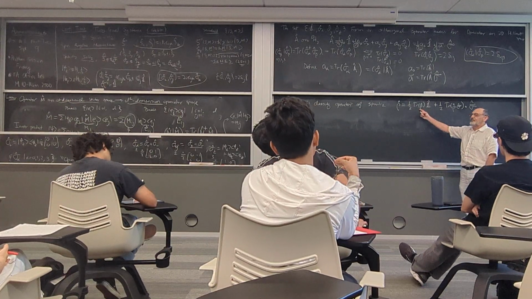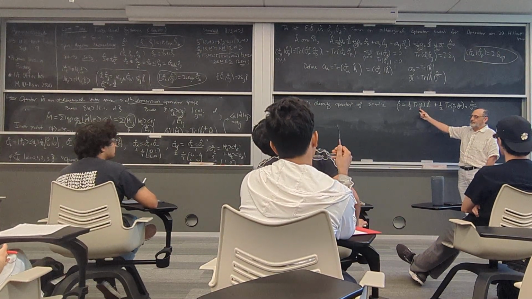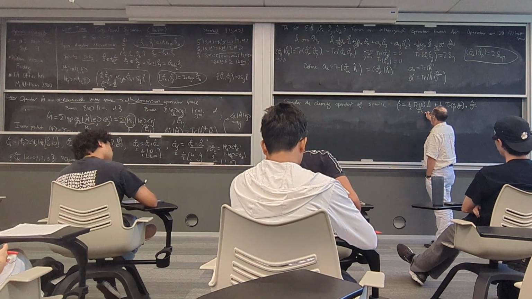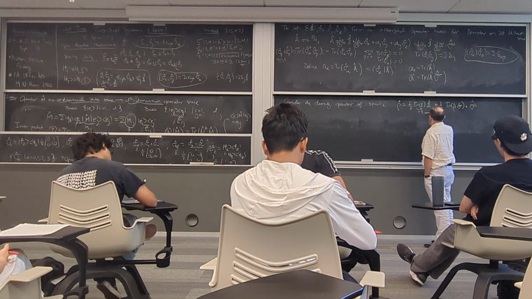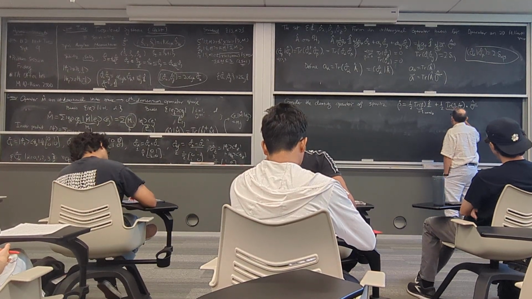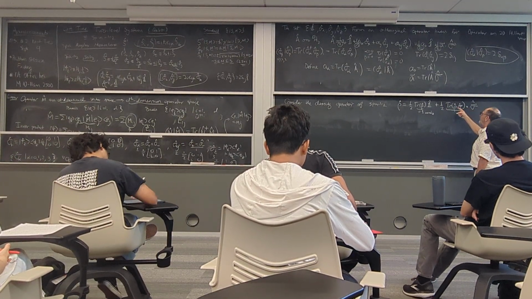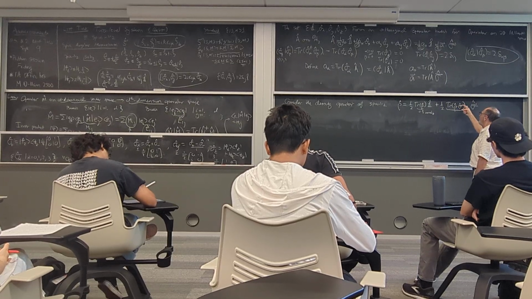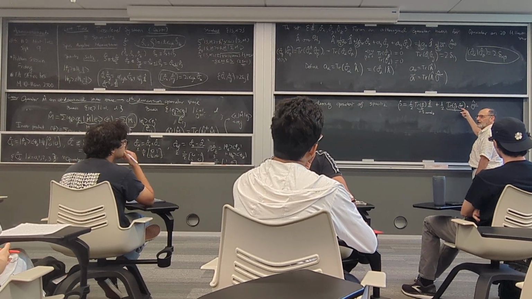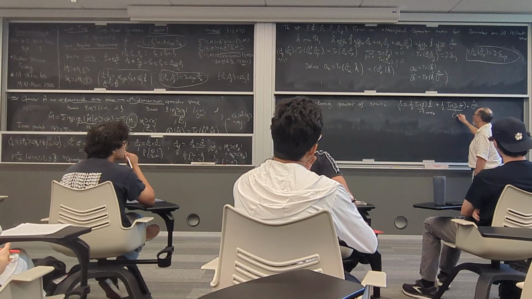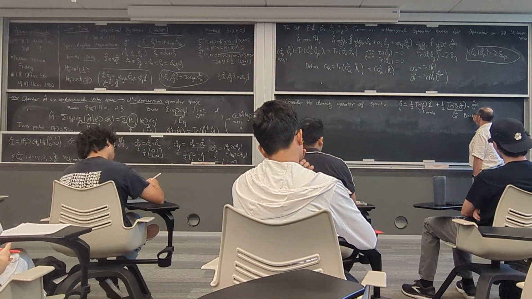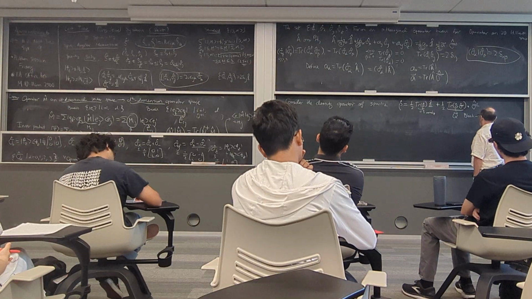What is the trace of rho if this is a normalized state? 1. And we define this vector, because it's the trace of rho with sigma x, the trace of rho with sigma y, the trace of rho with sigma z. That vector of numbers I'll call Q, and it is called the Bloch vector. We'll come back to this.